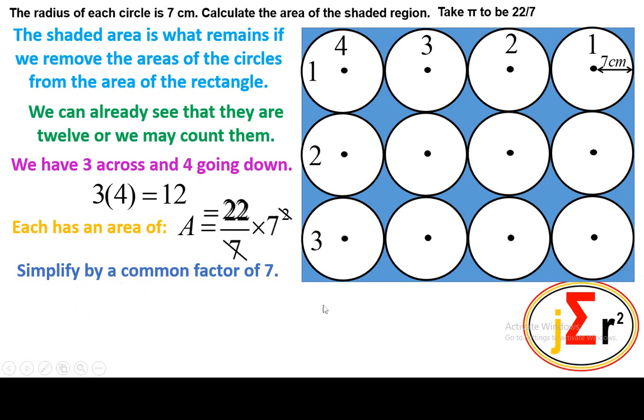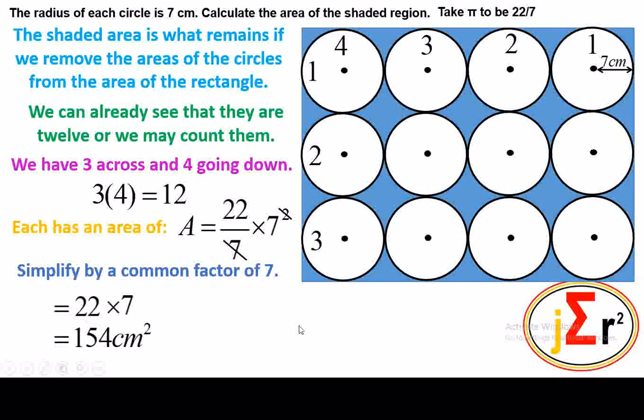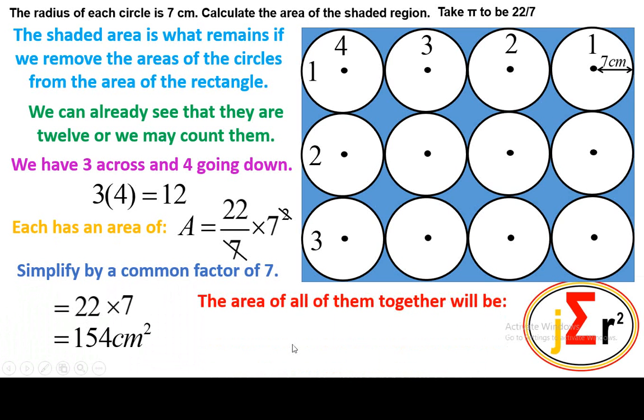We'll continue. The area will therefore be 22 times 7, which turns out to be 154 centimeters squared, and that could have been calculated by mathematics rather than by using a calculator.